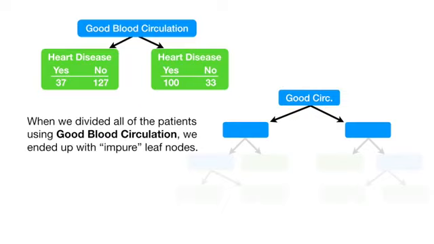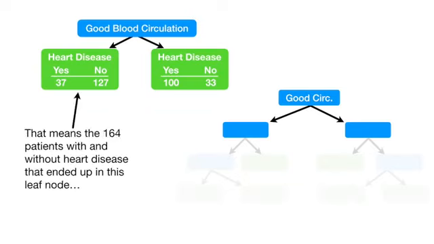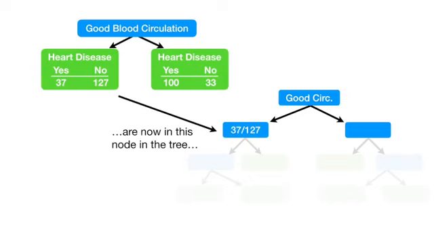Note, when we divided all of the patients using good blood circulation, we ended up with impure leaf nodes. That is to say, each leaf contained a mixture of patients with and without heart disease. That means the 164 patients with and without heart disease that ended up in this leaf node are now in this node in the tree.